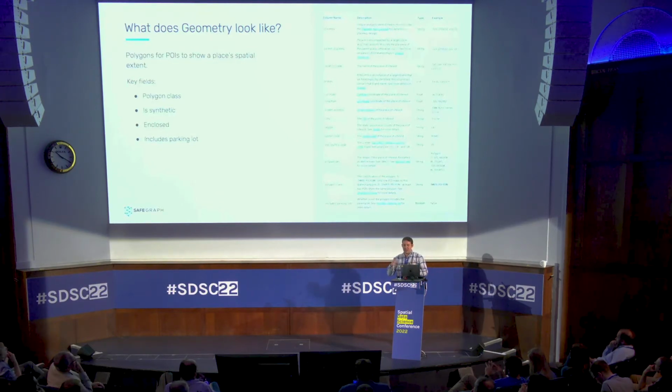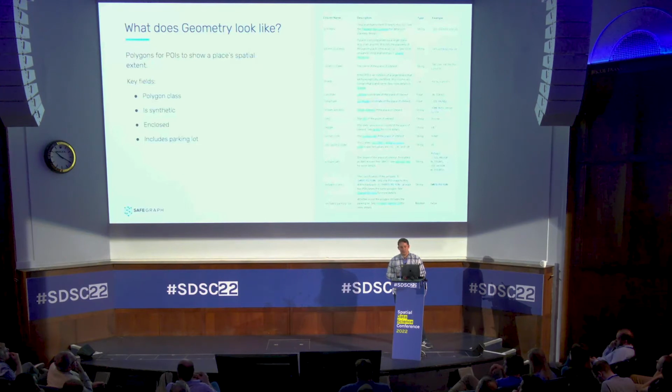Understanding that there's that parent-child relationship between this auditorium and the broader campus that is the Royal Geographic Society is a fairly important piece to how we think about maintaining and building this geometry product, but we think it can be a very interesting piece of input into your modeling and how you think about forecasting.